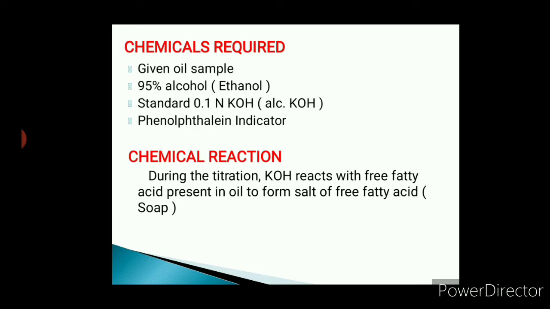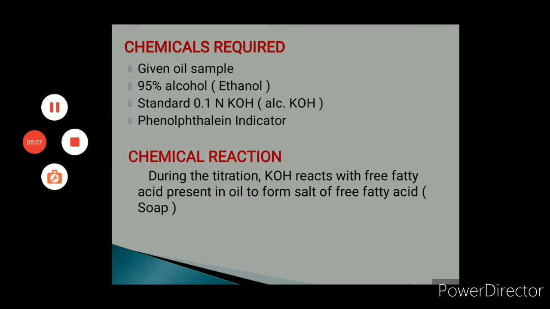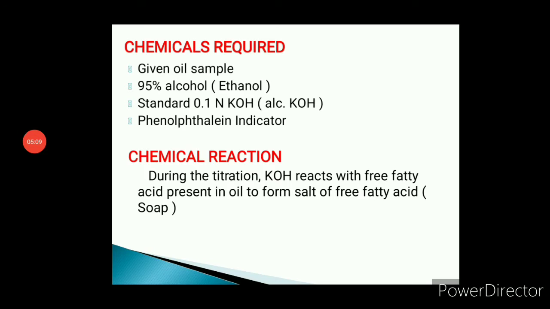Burette, in which we take the titrant, and conical flask, in which we take the analyte, whose property we must determine. We will understand it when you go through the procedure and witness the practical.